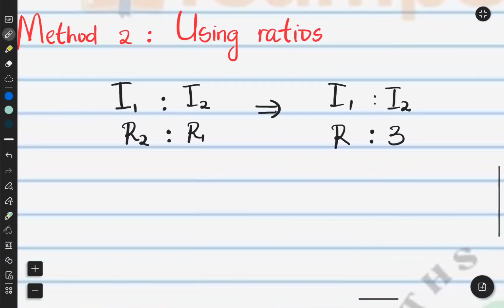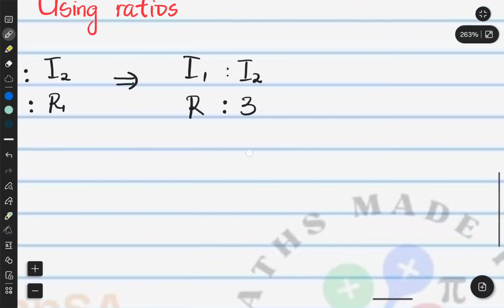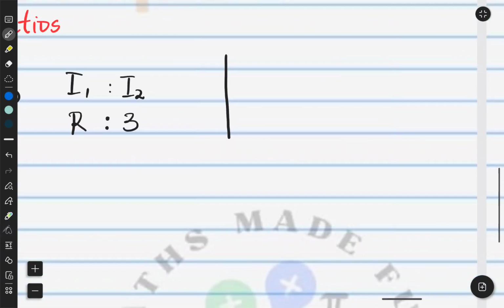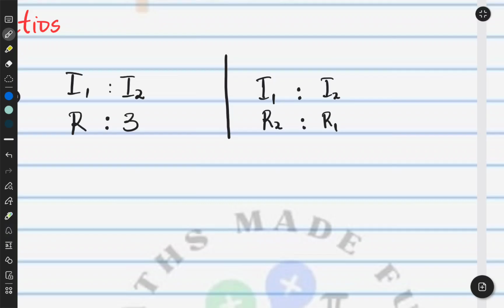It's incorrect to say I1 is to I2; you must say R2 is to R1. So what we're saying is the ratio of my current in the first branch to my current in the second branch is the same as the ratio of my resistance in the second branch to my resistance in the first branch.